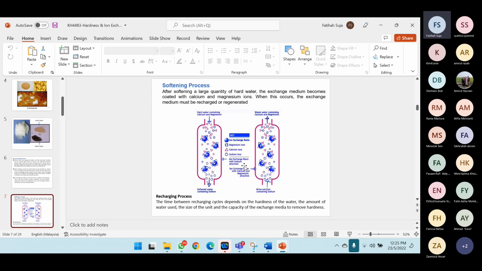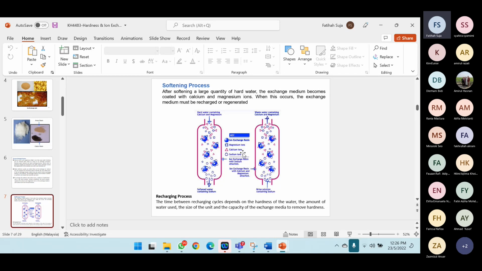So this is ion exchange resin with sodium attached. You have this hard water containing calcium and magnesium going into your column, and you will get softened water containing sodium. Because you have exchanged the magnesium with sodium, you will have extra sodium in your water, because you have already taken sodium from the resin.